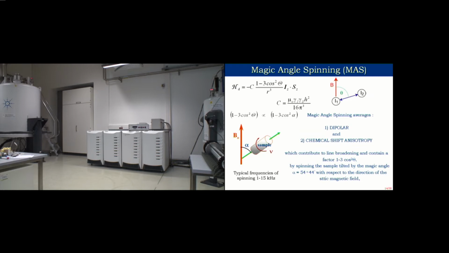The dipolar coupling and chemical shift anisotropy will be averaged. So this is the reason to use spinning at a specific angle. So not magic angle spinning, but spinning at a specific angle. And we call this angle magic.